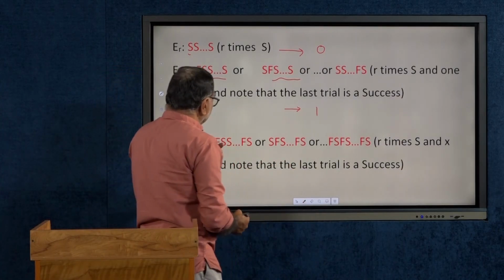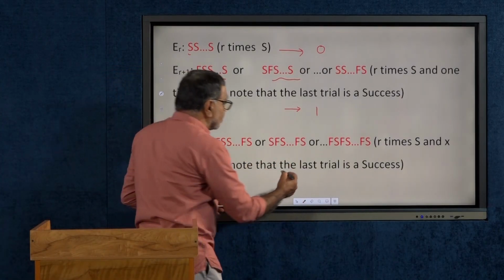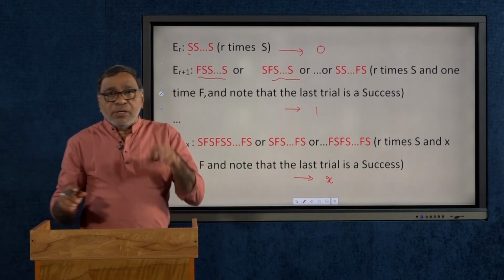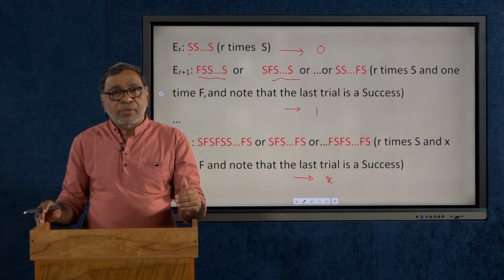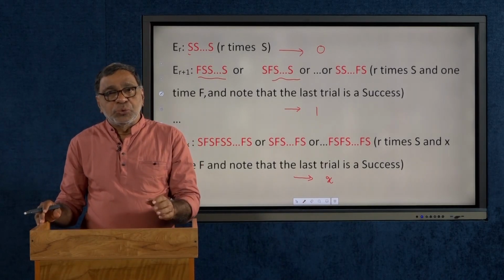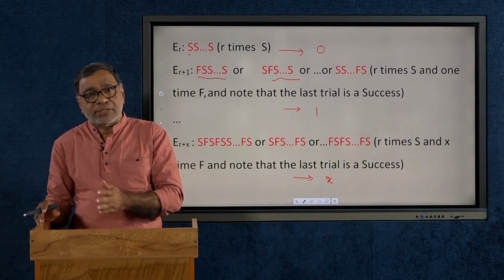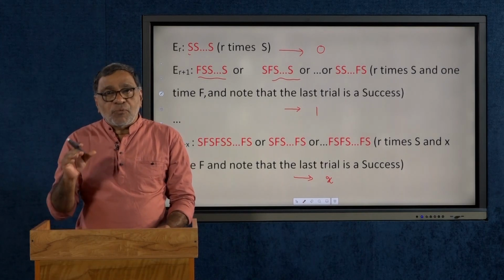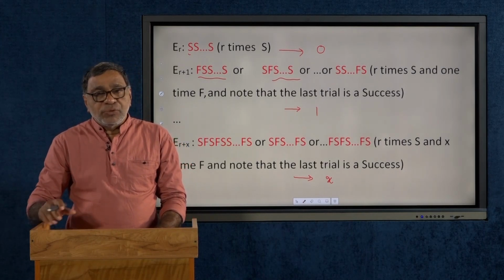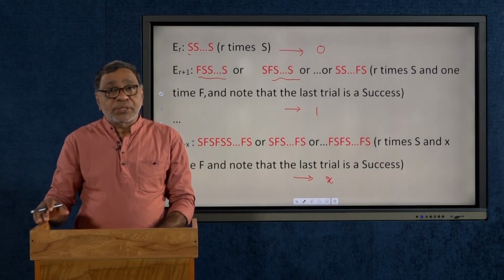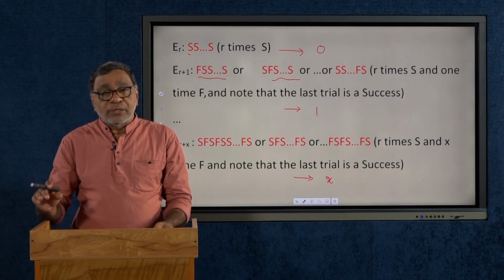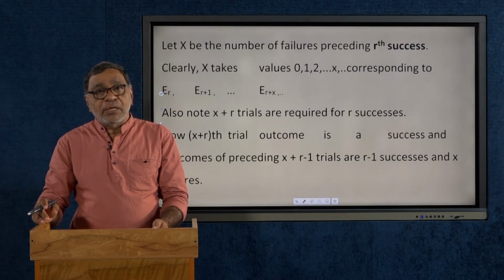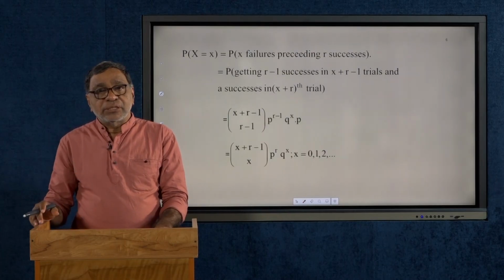Here we have R successes and X failures. In this situation, the number of failures is X. That is, we have the events E R plus 1, E R plus 2, etc., up to E R plus X, E R plus X plus 1, etc. Then the values of the random variable X, which is defined as the number of failures preceding the R-th success, are 0, 1, 2, 3, etc.